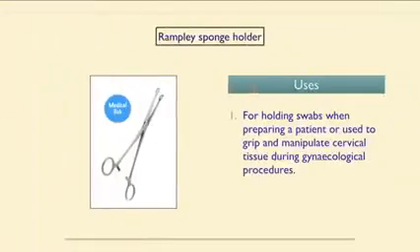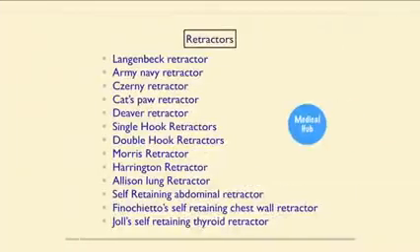Next instrument is Rampley sponge holder. It is used for holding swabs when preparing a patient or used to grip and manipulate cervical tissue during gynecological procedures. Now we will discuss about the retractors.